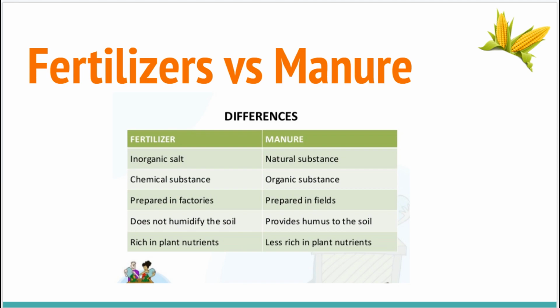So different ways are used to enrich the soil. They have their own ways, so it depends upon the farmers how they grow the crops with the help of fertilizers and manures.